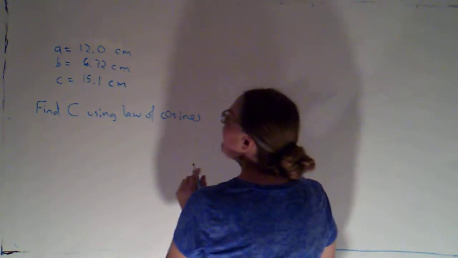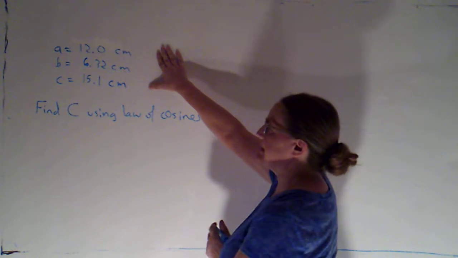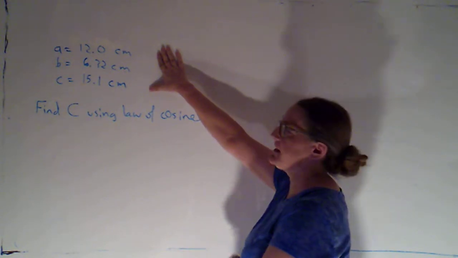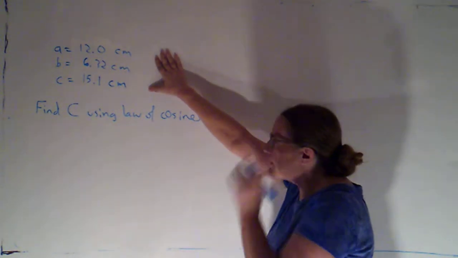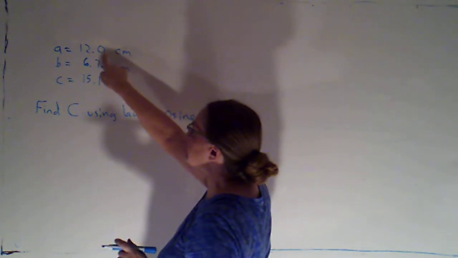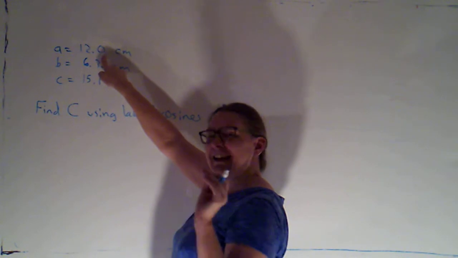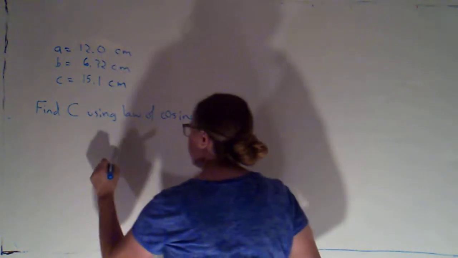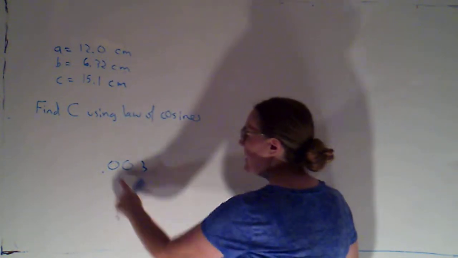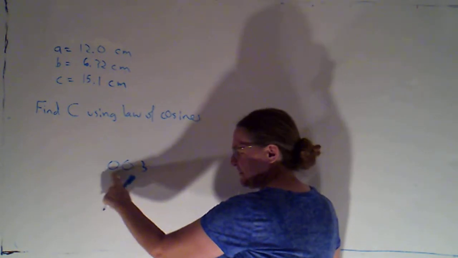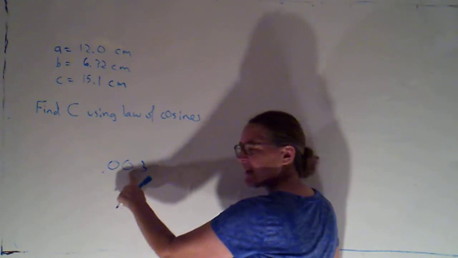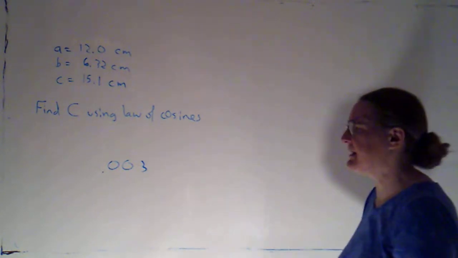Okay, if I take a look, each one of these has 3 significant digits. The only one where I really have to remember my rules is this one: a 0 to the right of the decimal, if it's not a leading 0. If I have something like 0.003, those zeros are to the right of the decimal, but they're the first digits in my number, so they're never going to be significant.